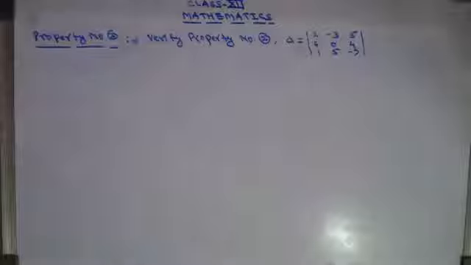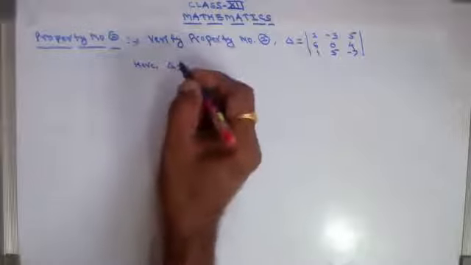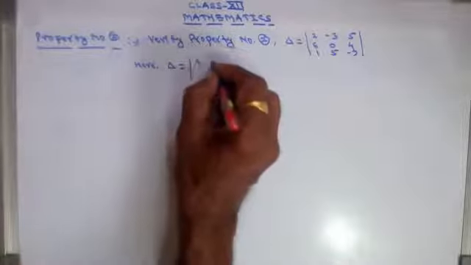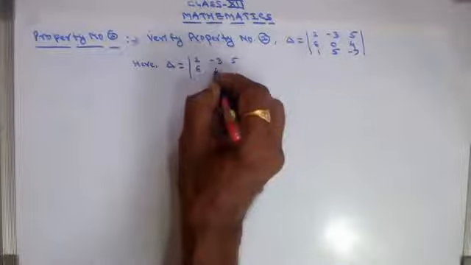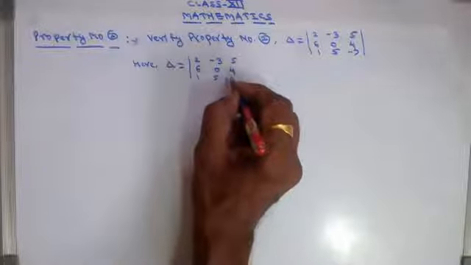Okay, so here first find the value of delta. Delta is given, that is 2 minus 3 5, 6 0 4, 1 5 minus 7.